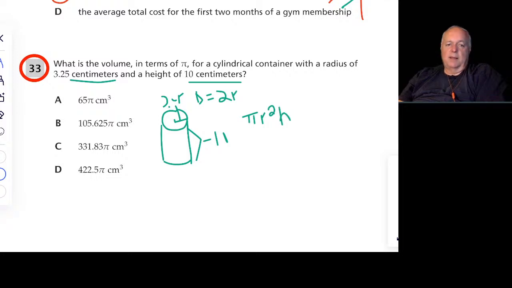So we're going to have pi, which is still pi, times 3.25 squared times 10. Now, we can leave the answer in terms of pi. If you notice, there's pi there, there's pi there. So all we have to solve is 3.25 squared times 10.